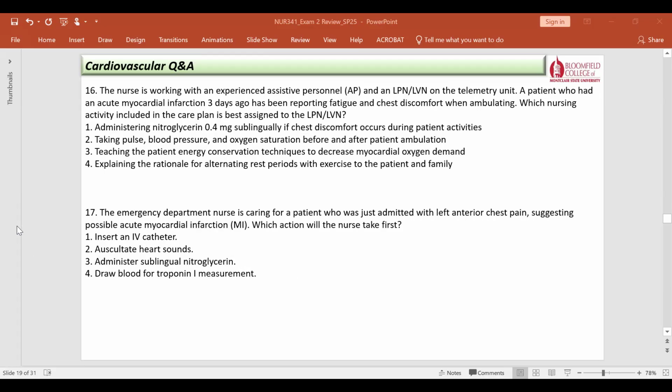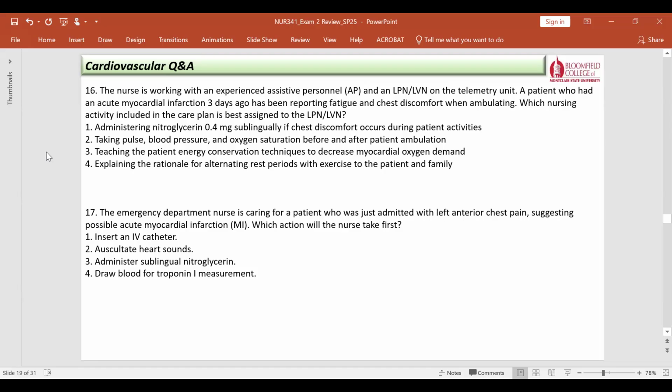For 16, what made you think, Rose, that number 2 is the correct answer? Because I think we have to have some type of dialogue and discussion. It could have been 1 or 2 because I know LPNs are allowed to administer medication, but maybe not particularly nitroglycerin.